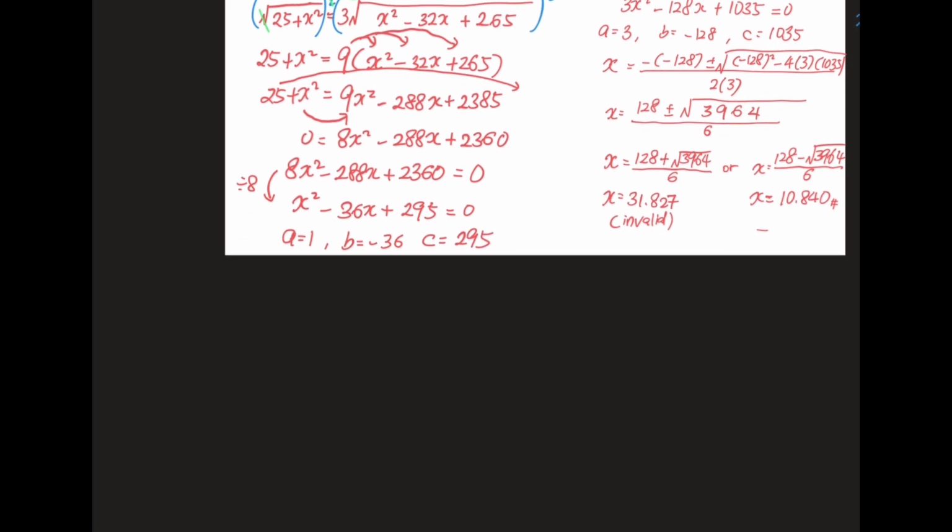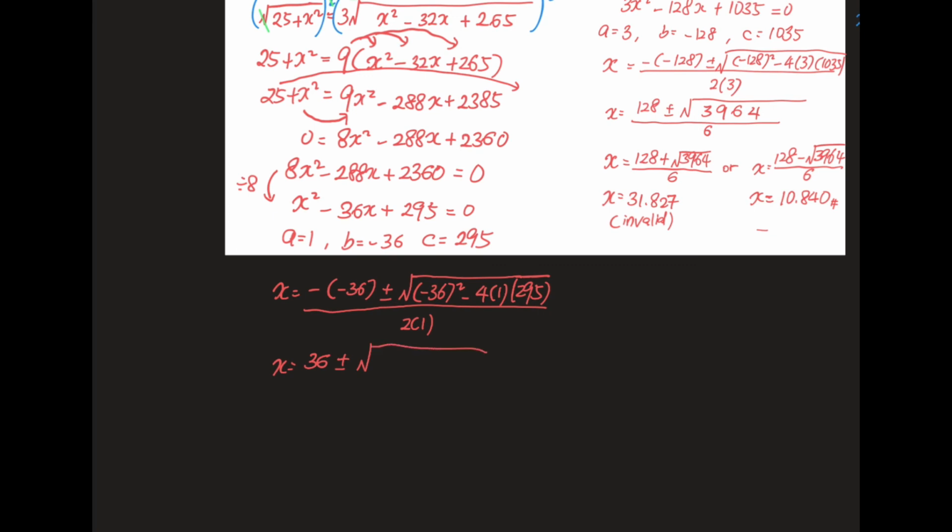Okay, so the quadratic formula, x equals minus b plus minus square root of b squared minus 4ac, over 2a. Then we have 36. Again we count everything in the square root first.